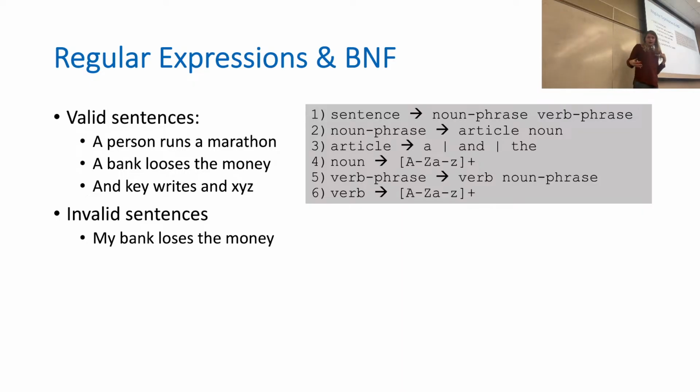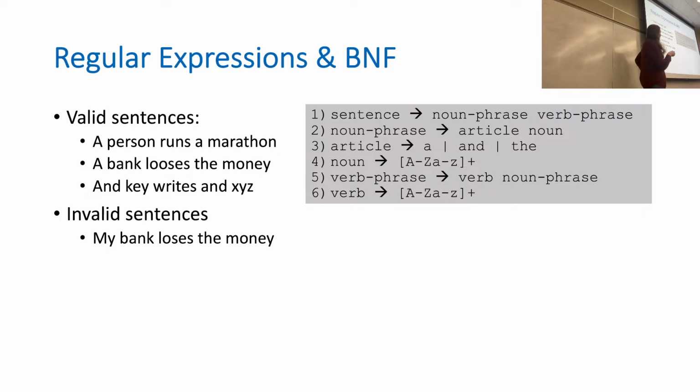So here are basic grammars as such. A sentence breaks down to a noun phrase and a verb phrase. A noun phrase to an article and noun. This is very similar to the grammar that we saw a few slides ago. The main difference, there's some tweaks, there's no period. We have articles can be a, and, or the. We flesh that out.